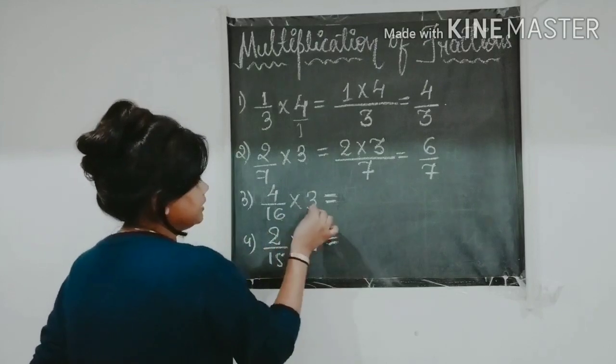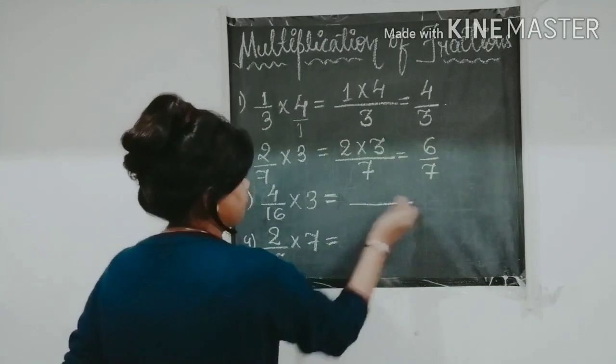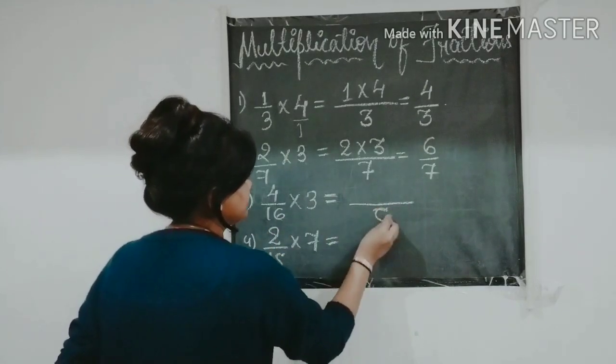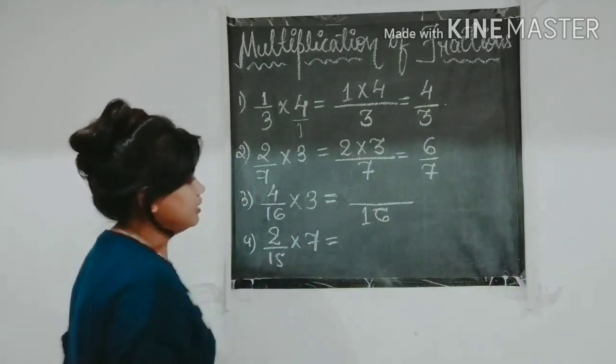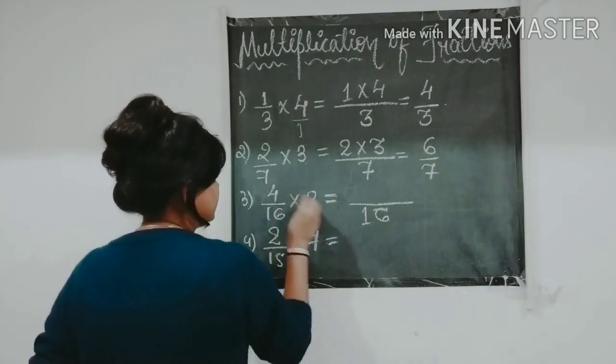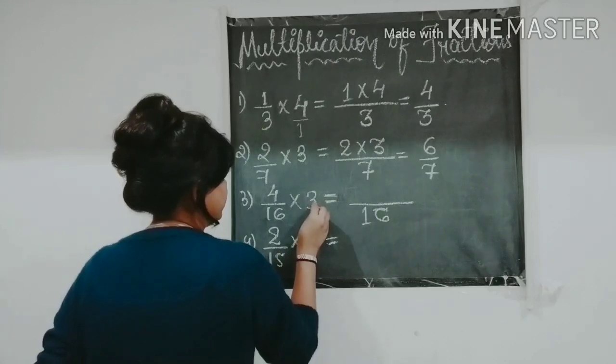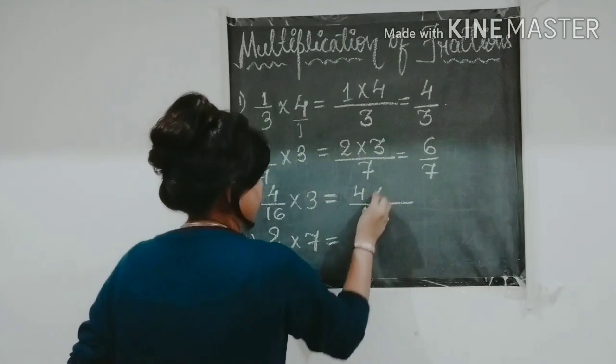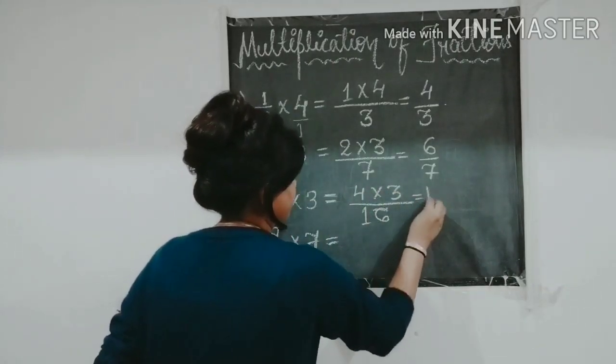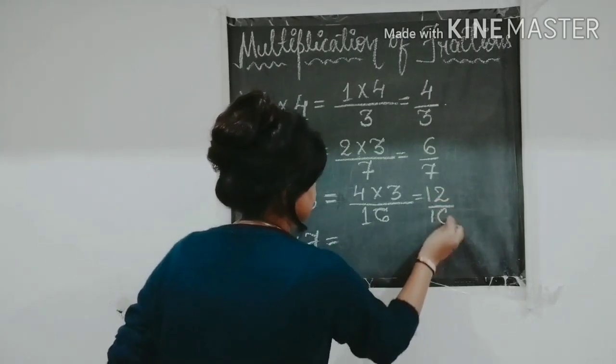4 by 16 multiplied by 3. So first of all, take the denominator 16 unchanged and multiply the numerator with the whole number. 4 multiplied by 3 will become 12 by 16.